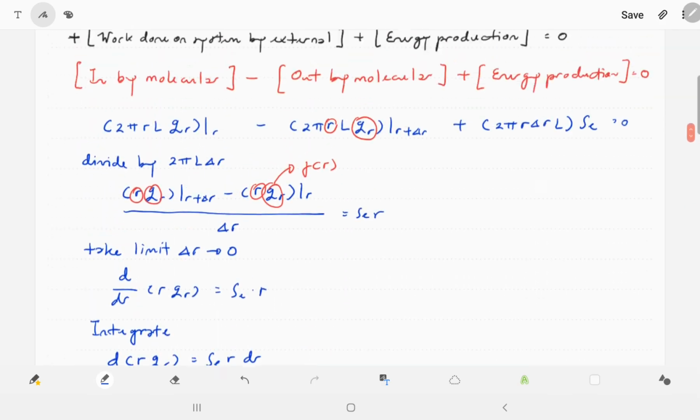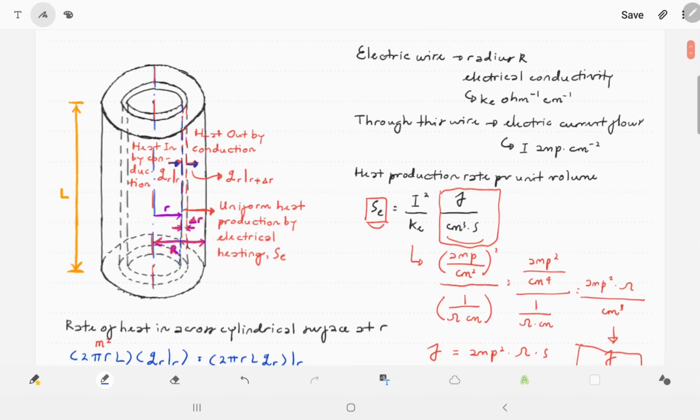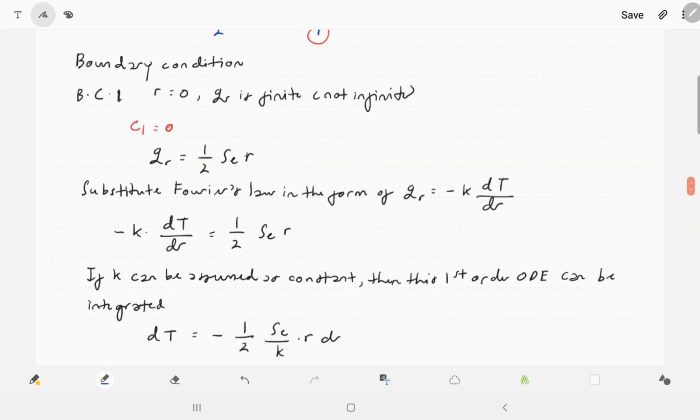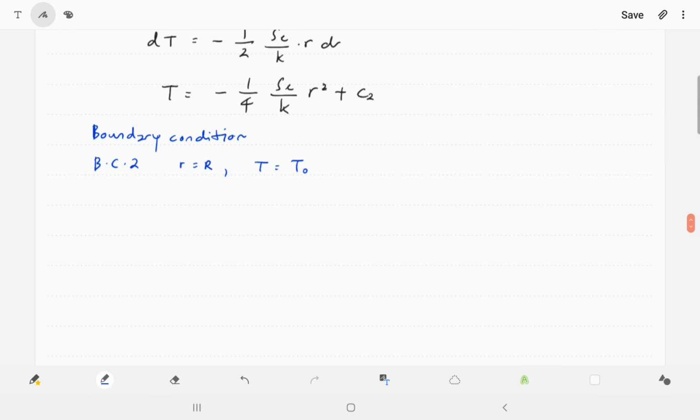So we go back again into our system and check what this means. So at this particular surface, when the radius is equal to R, then the value of the temperature is equal to T0. So this is the boundary condition that we discussed in the week 5 lecture slides.